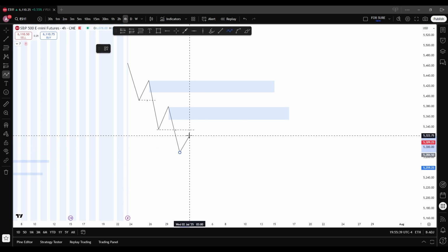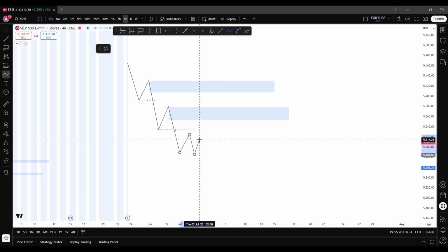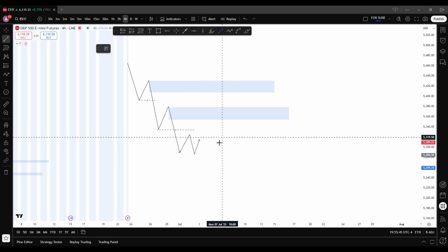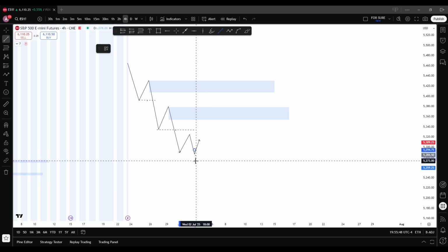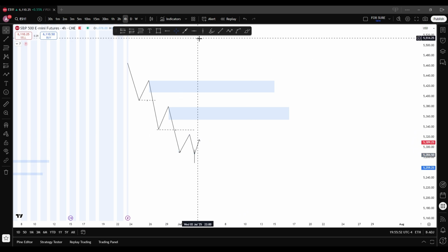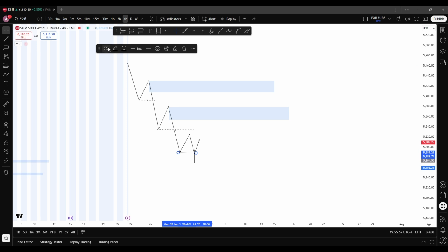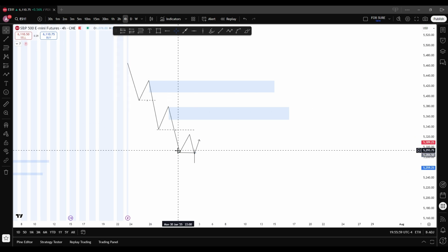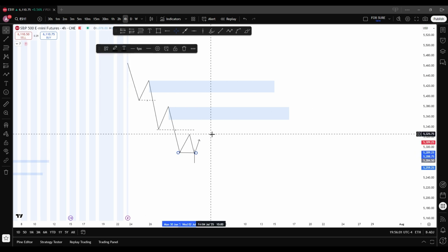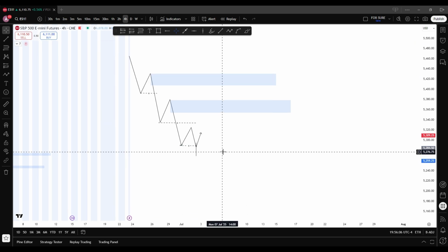So let's say price action again went up. What happened here? Again, this is going to be a wick. Is this a breaker structure right here? Wait, what? There you go.